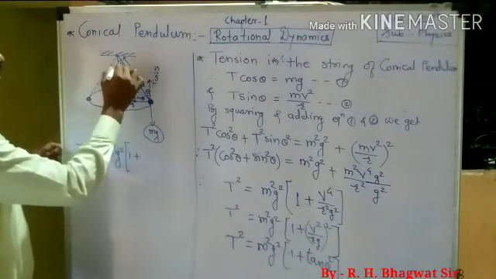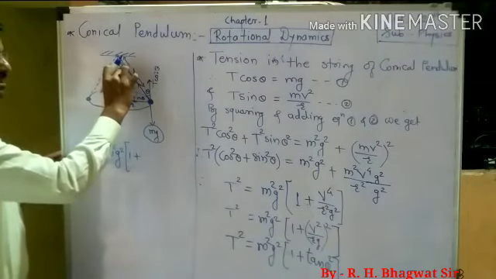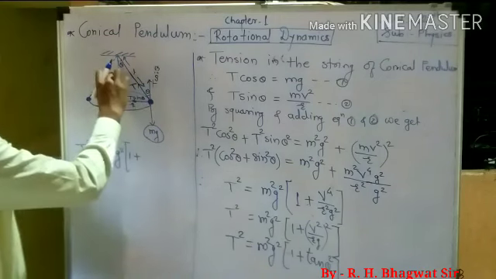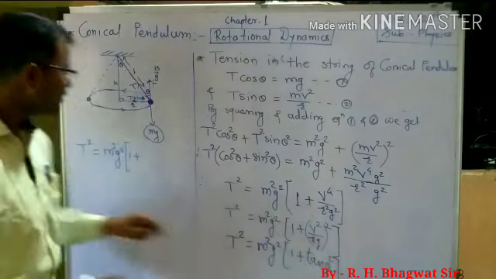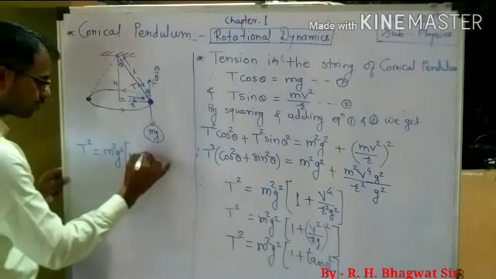But from the figure, what is tan theta? Tan theta is nothing but opposite side divided by adjacent side, r divided by h, and tan square theta is nothing but (r upon h) bracket square.